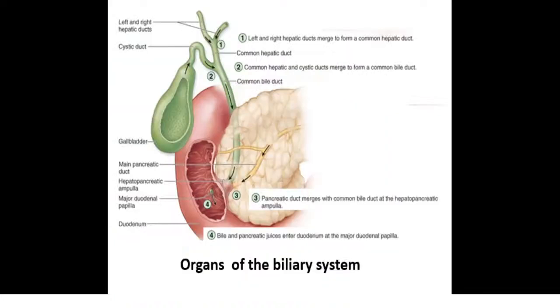Chronic cholecystitis. You remember the organs of the biliary system: it is the gallbladder, bile duct, cystic duct, common bile duct, and sphincter of Oddi.